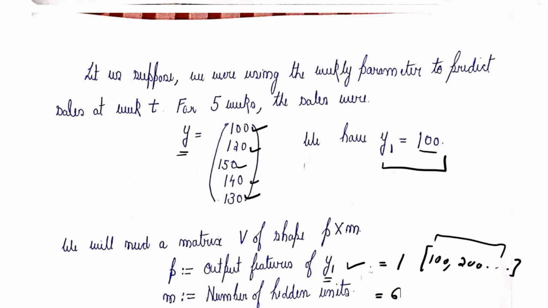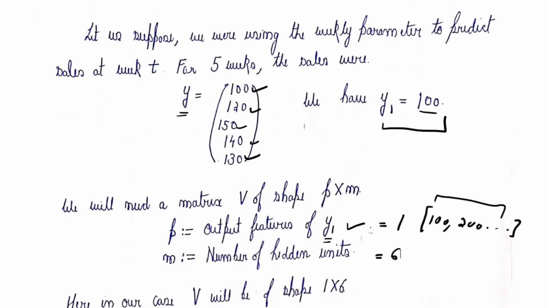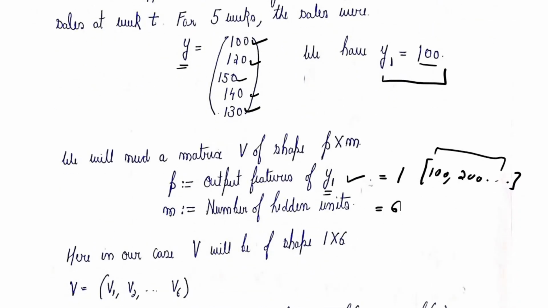On doing so, we get the matrix V of shape 1 cross 6. So this is how we are placing the matrix V.